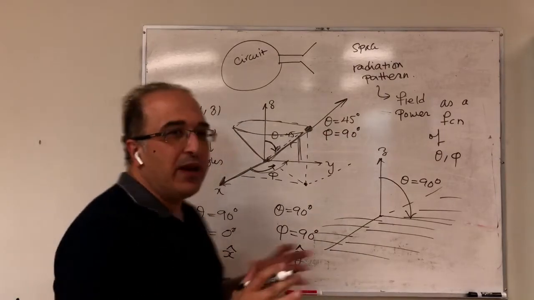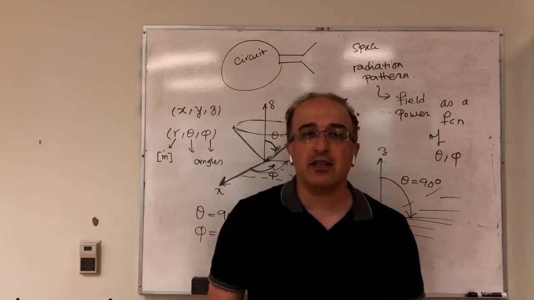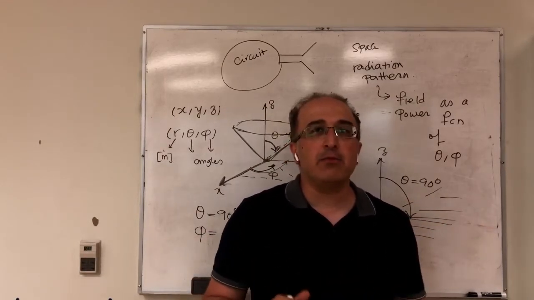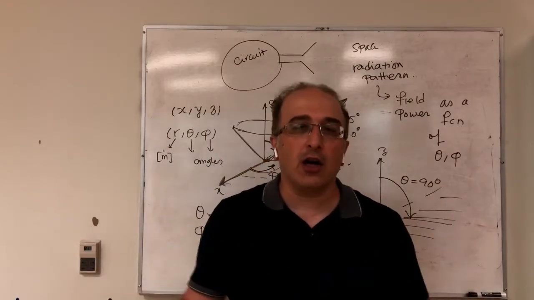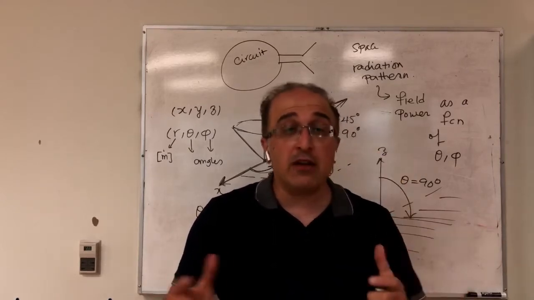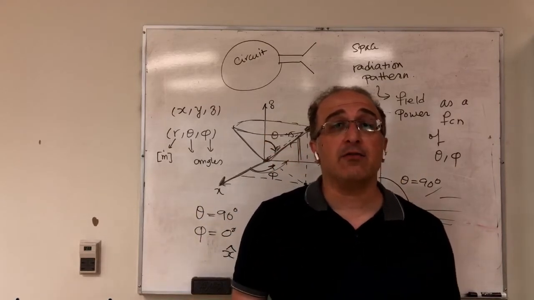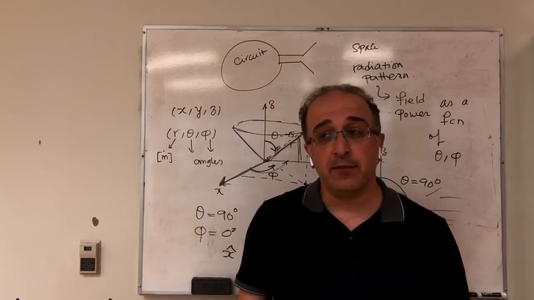You see, by playing with theta and phi, we can go to different directions. Usually it's very simple. Usually we only get two main cuts of the pattern, as we're going to discuss later. But generally, with variation of theta and phi, you can cover different parts of the 3D space.